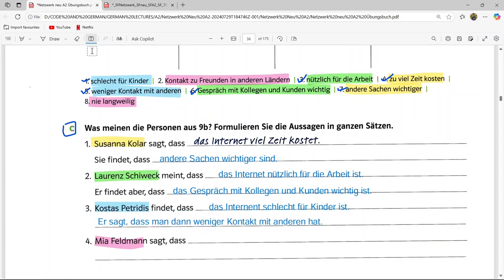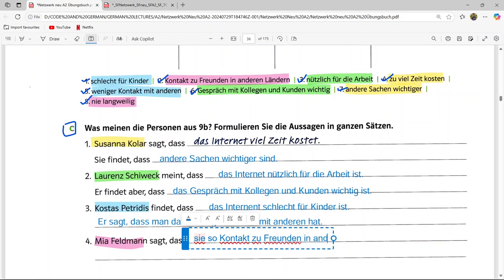Okay. And the last person, Mia Feldman. So Kontakt zu Freunden in anderen Ländern. So that she can make contact, so Kontakt zu Freunden haben kann.